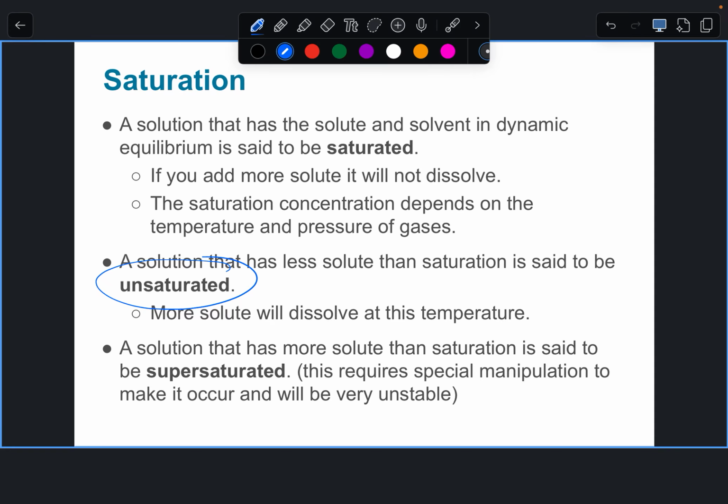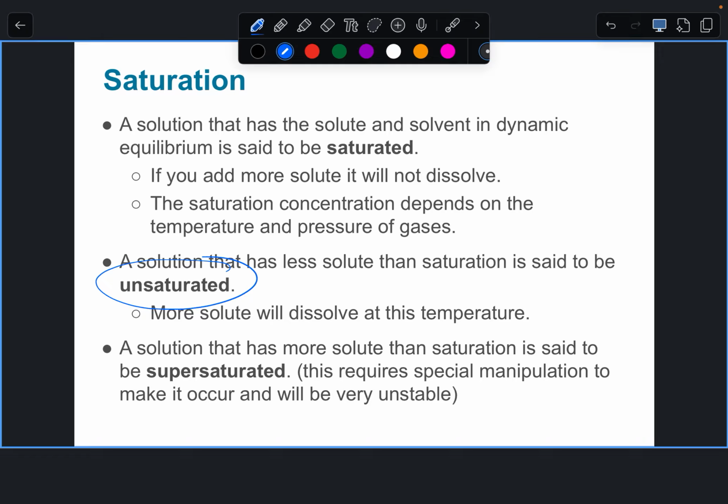Okay, so how does that relate to this supersaturated thing? So supersaturated is when you heat something up and you dissolve, let's say sugar, into it, and you dissolve more than would normally be able to dissolve at a lower temperature. So you get it almost a saturated solution, or maybe it is saturated, okay? You dissolve lots and lots of this sugar into, we'll say, hot water. Then you cool the water down.